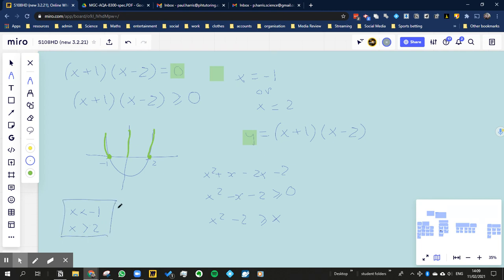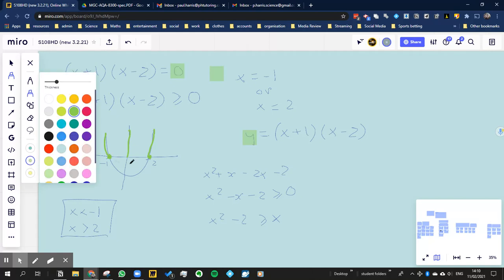But the general protocol is to go through these stages and then see it diagrammatically. Now, once you've done a few of these, you can end up doing some of these stages in your head and just sort of imagine what the graph would look like and go, oh, right, so it's got to be above that axis. Let's use a highlighter again.